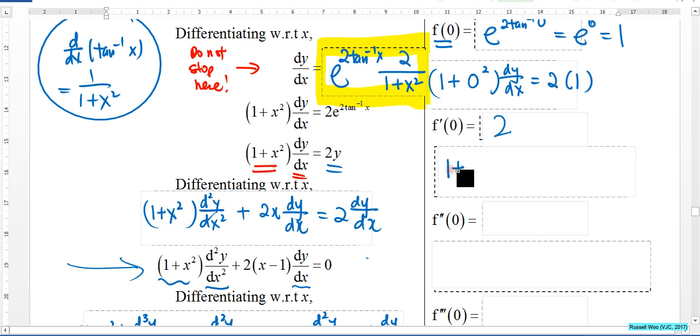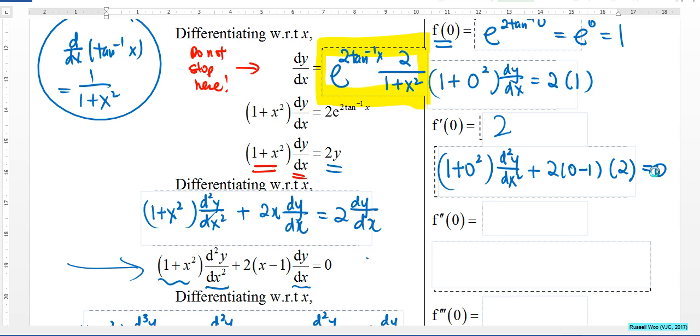So we get 1 plus 0 squared, d2y/dx squared, plus 2 times 0 minus 1, dy/dx which is 2, equals 0. I hope you know where I get this from. It's actually gotten from here. Then f double prime 0 is just 4.